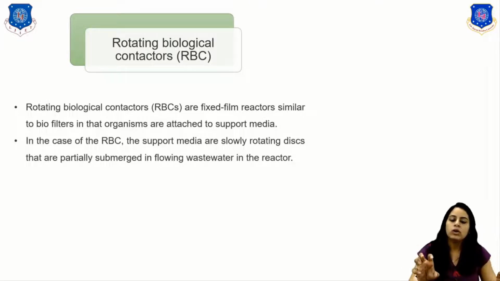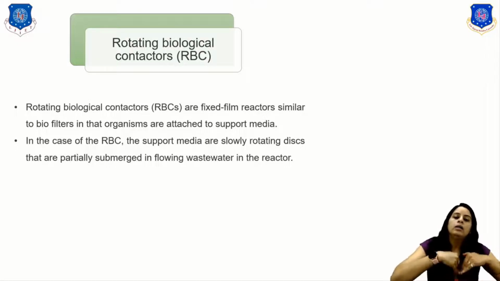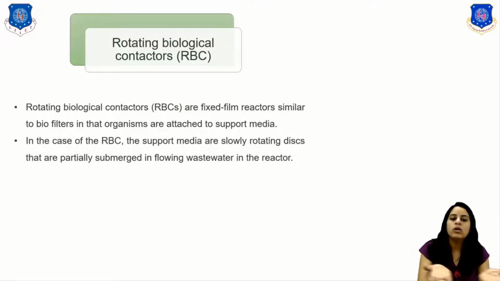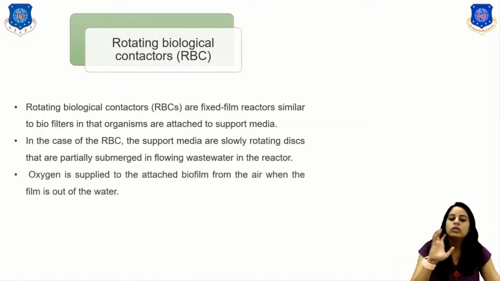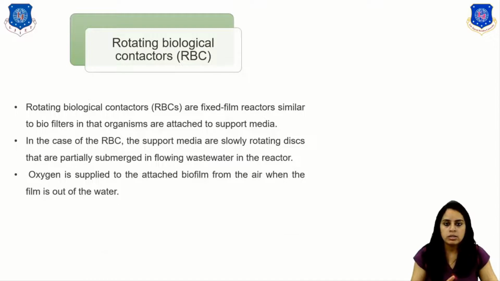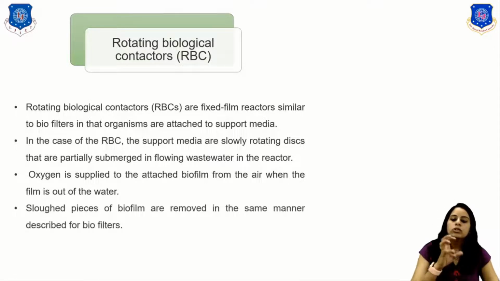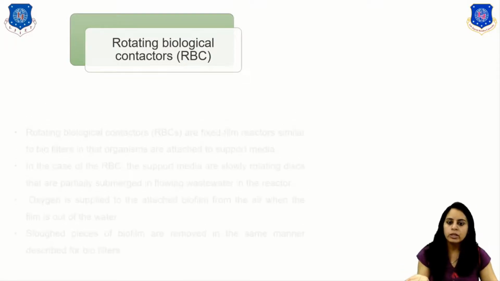This biological contactor is partially submerged in the water and partially remaining on the surface. Now the oxygen is supplied to the attached biofilm from the air when the film is out of the water, right? Because here the oxygen is important, because the microorganisms are there. So the sludge pieces of the biofilm are removed in the same manner as described for the biofilter, right?